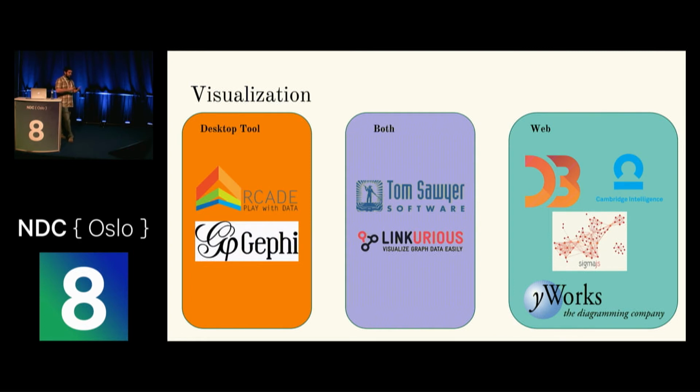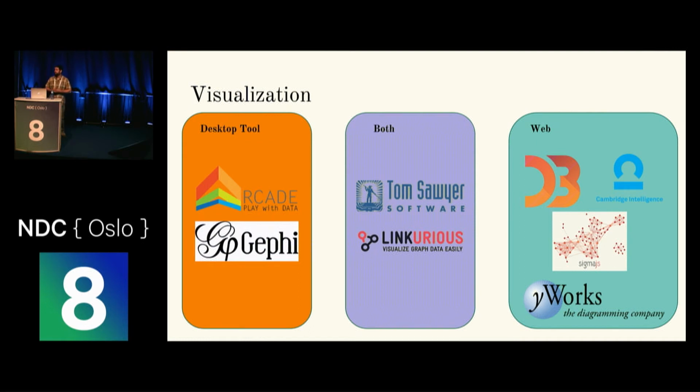In the middle, you have ones that support both a web tool and a desktop tool. Tom Sawyer Software and Linkurious are the two most common ones that I've run into in this space. And then you have ones that are very good for doing web visualizations. D3, probably most people here that do web development have heard of D3. D3 has some really powerful tools for integrating with graph databases.